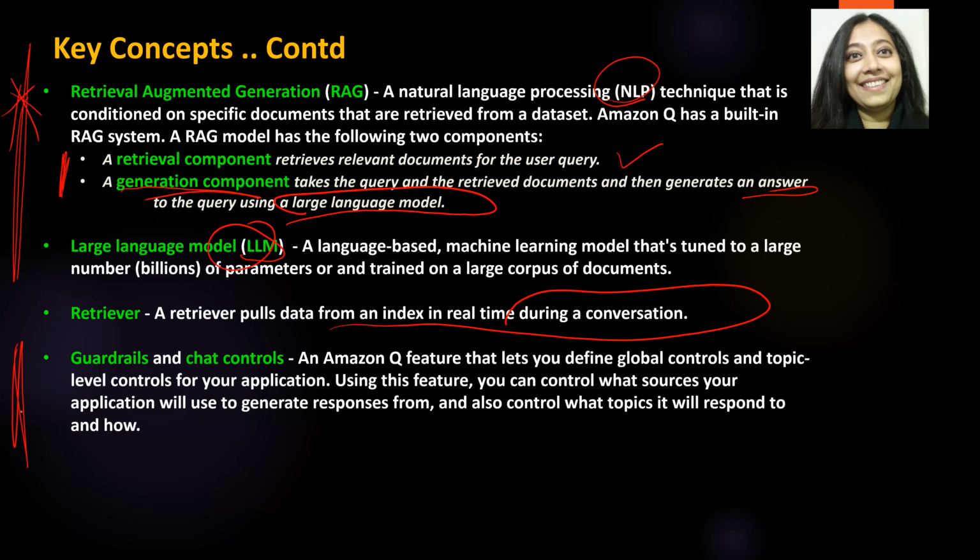So let's say you want your users to stick to a specific set of topics and you want to ensure that your users ask a specific set of questions and do not digress from the topic or ask some weird questions or anything of that sort, you want to have some kind of governance. You can use these guardrails and chat controls. This particular feature is already inbuilt. Remember, it's a fully managed service, so everything is already available to you. All that you need to do is configure these controls.